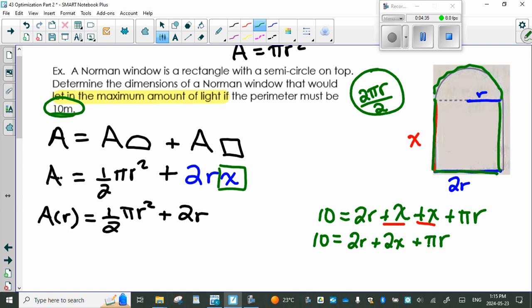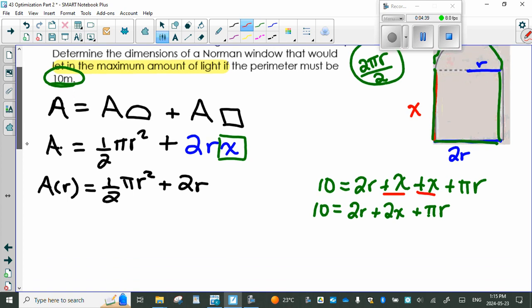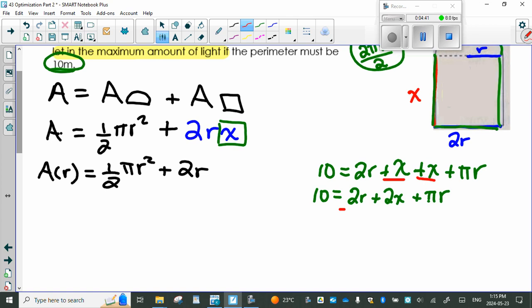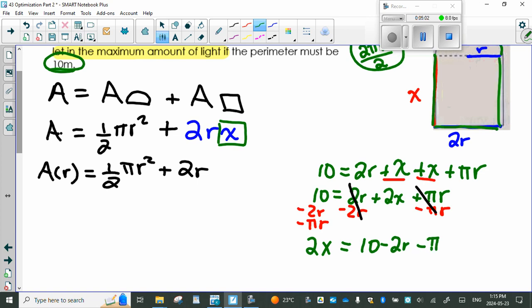And I want to get x by itself, so I'm going to subtract 2r on both sides and subtract pi r on both sides. So these are gone, these are gone. So I end up getting that 2x is going to be 10 minus 2r minus pi r.